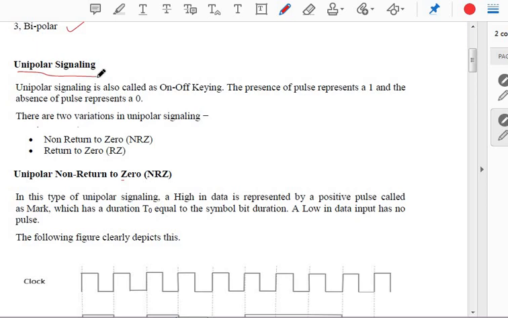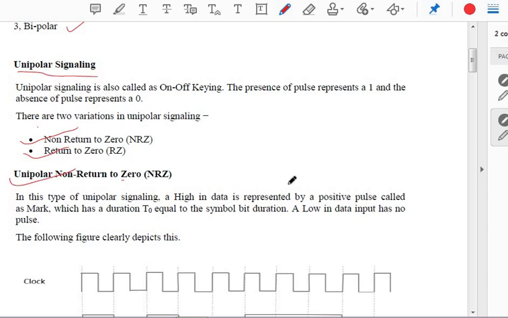In unipolar, we use only one positive high voltage. There are two variations of this type of coding: non-return to 0 and return to 0. Unipolar non-return to 0 coding and unipolar return to 0 coding.